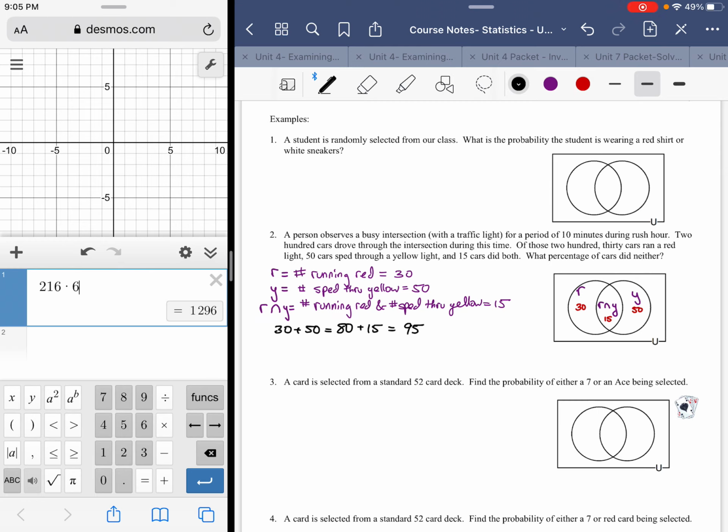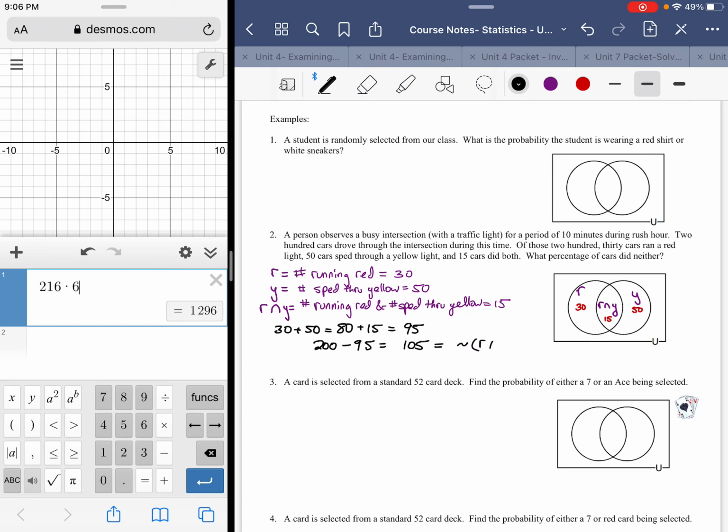All right, so we want to know the percentage of cars that did neither. So if we take that 95 and subtract it from the 200 that's available, that's going to give me 105.